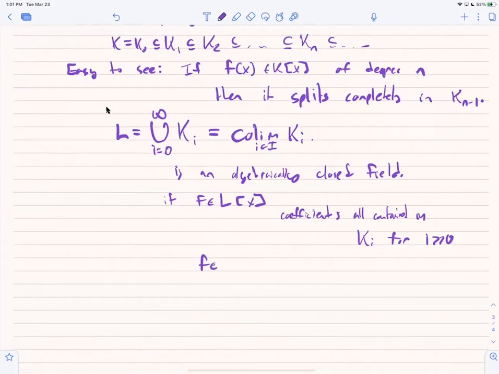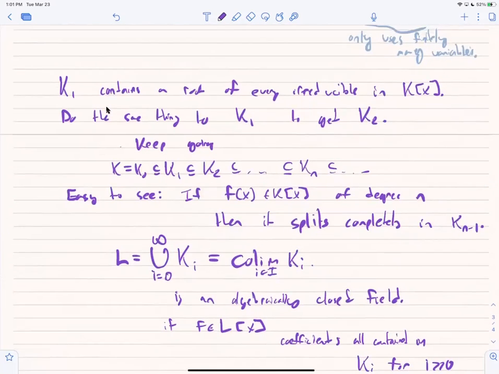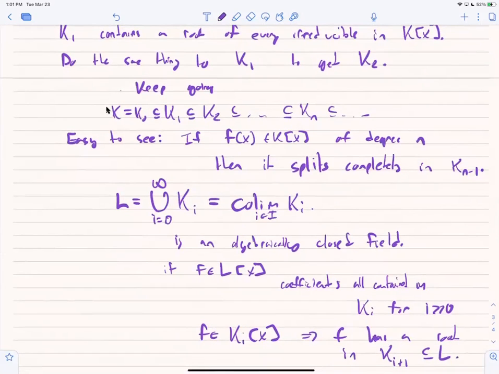So really I can think of f as a polynomial with coefficients in Ki, but then f has a root in Ki+1, which is also contained in L. Okay, so L is algebraically closed. That gives you what we needed: some algebraically closed field containing K.